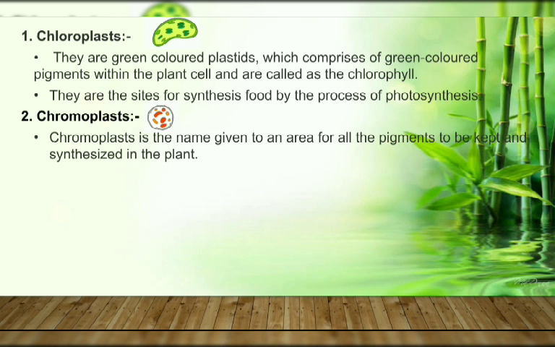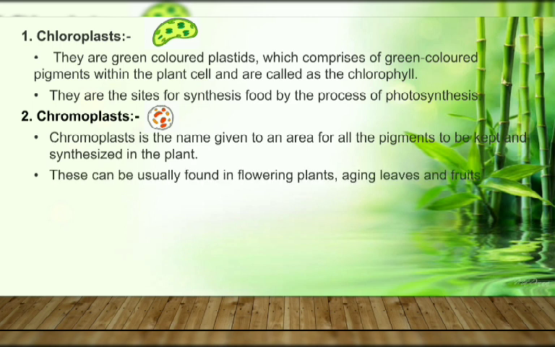Next one, you see the aging of leaf and fruit. Chloroplast is converted into chromoplast, like in tomato or papaya. First it is green, so chloroplast is present. Later it converts into different colors, so chromoplast is present.